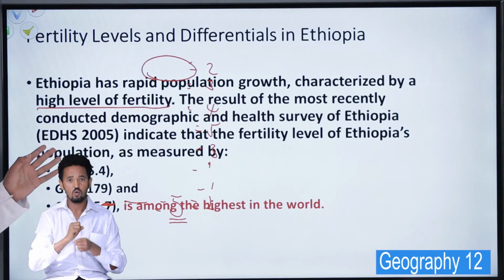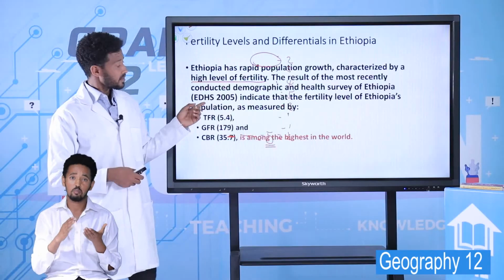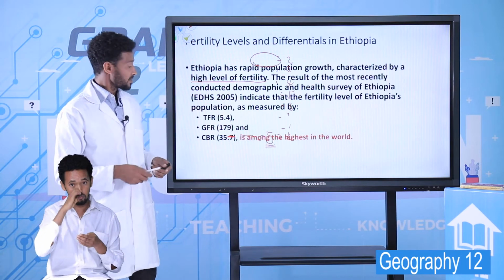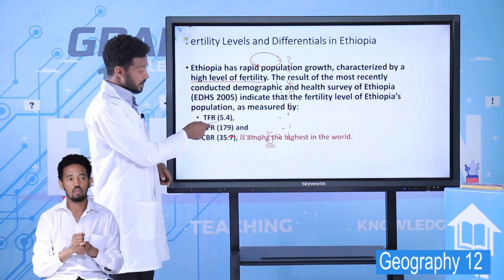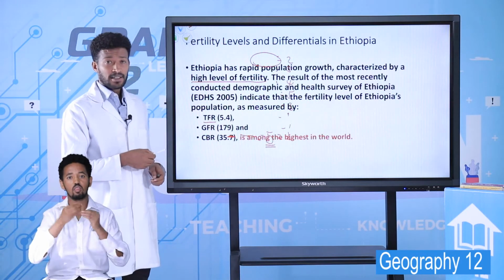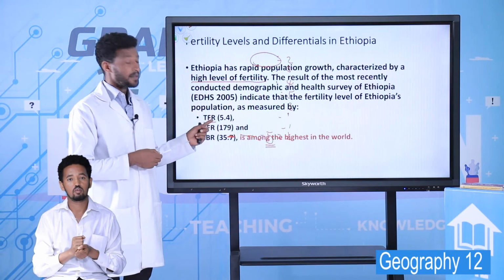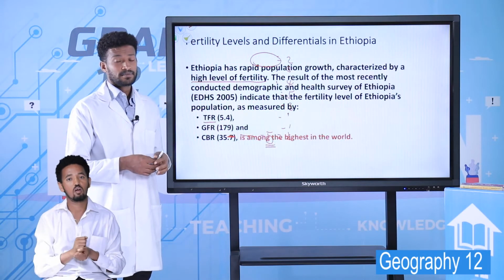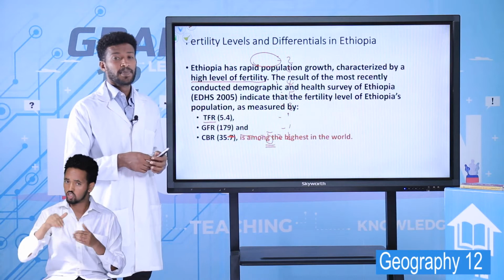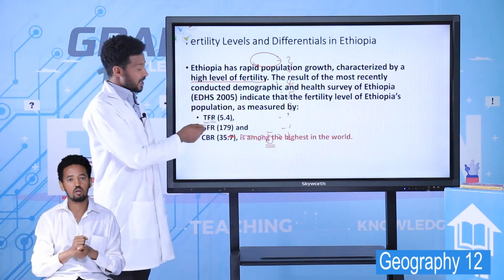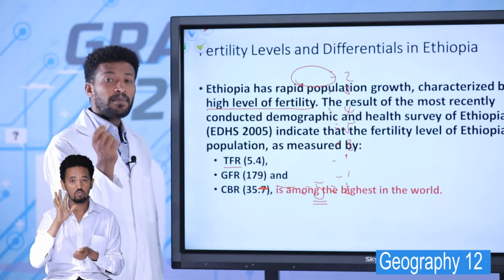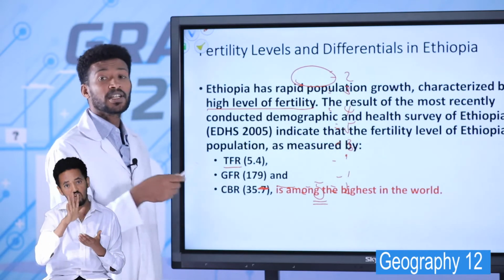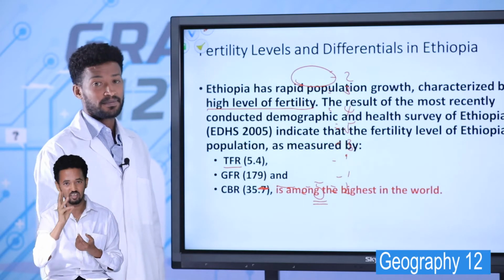According to recent studies made by DHS, the fertility level of Ethiopia's population, measured by total fertility rate, is 5.4. In general, 5.4 means one woman in Ethiopia may bear almost 5 or 6 children during her lifetime.